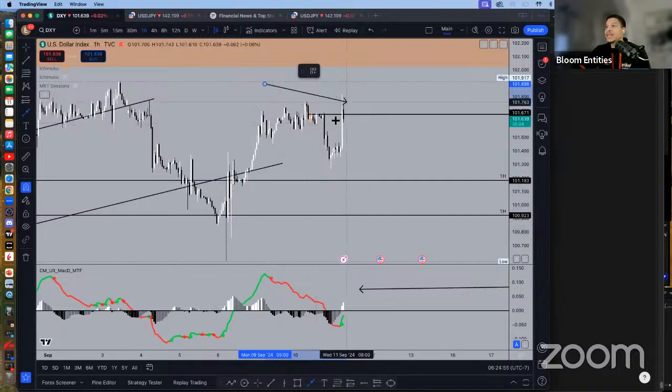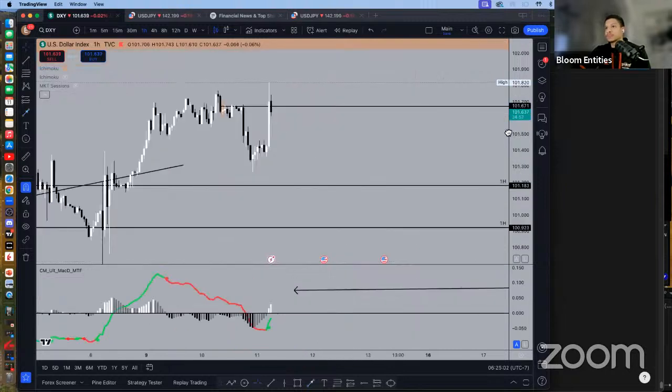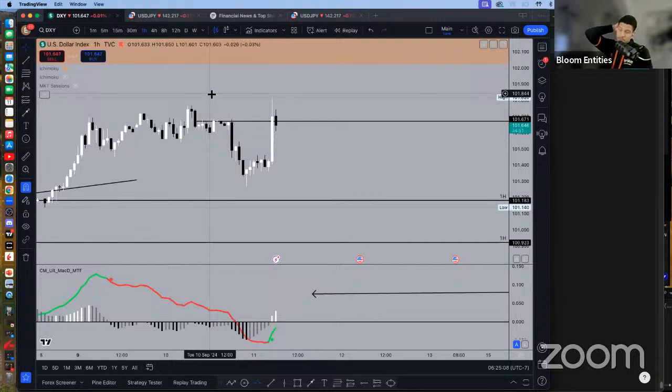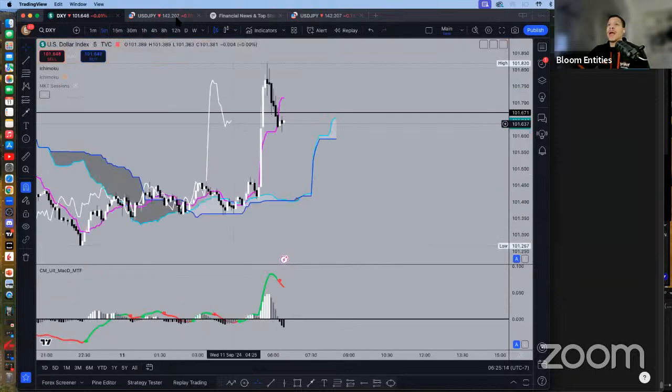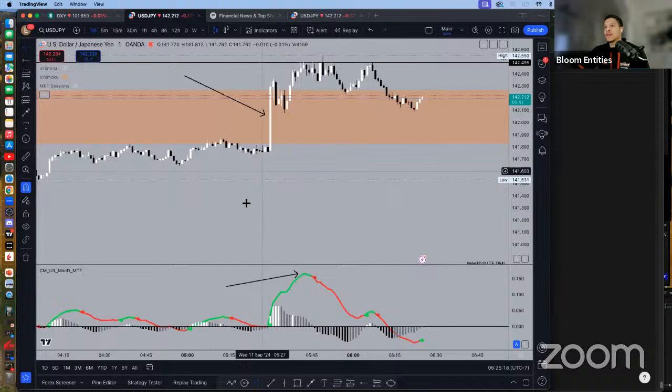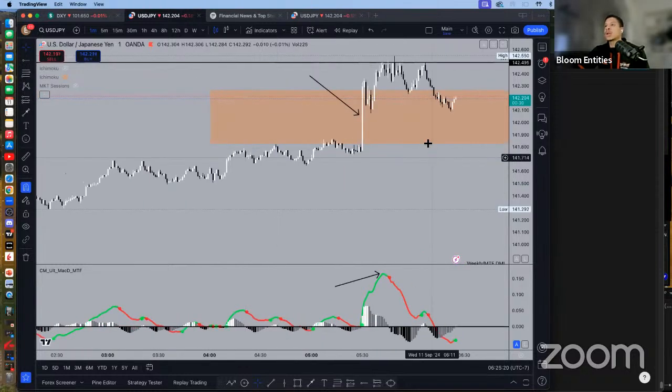Gives us that immediate movement in the market, right? And so we saw that happen initially. Like we saw the trend get verified by the lagging indicator.